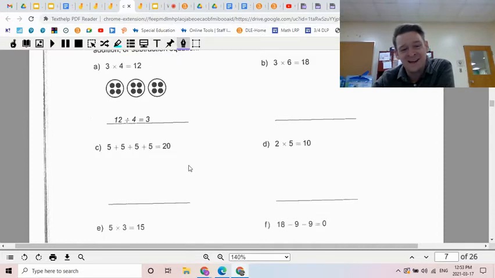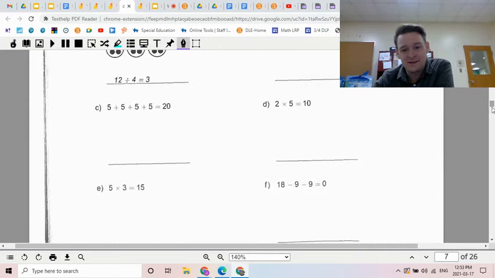Let's take a look at one that might be a little tricky for you. If I have 18 and I say subtract 9 equals 0. How could I show that?